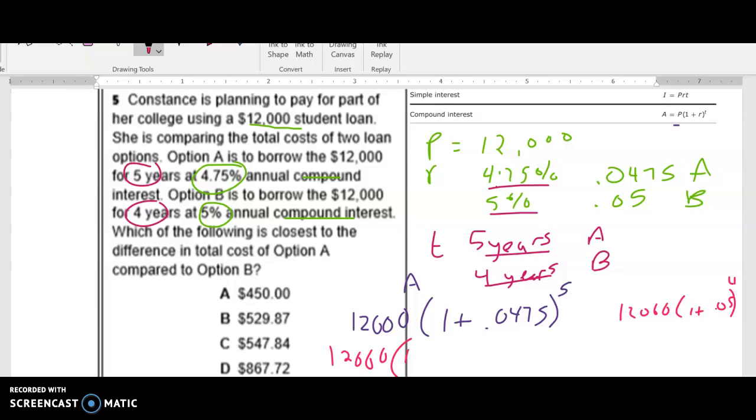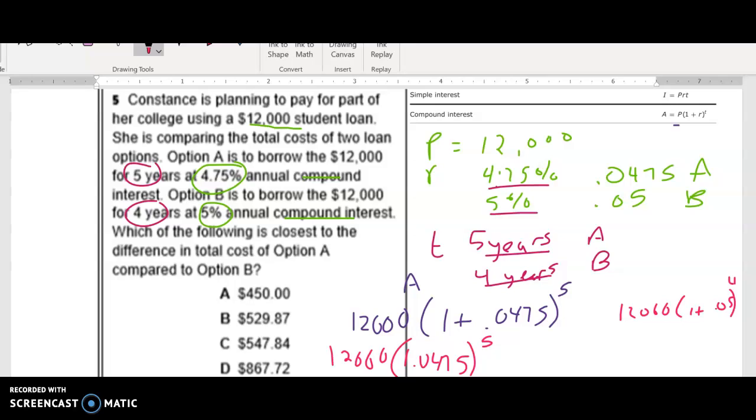And then when I do that, that is 12,000 times 1.0475, and you're going to write that 5 times, or if you have a calculator that can do that, it's 12,000 times that to the 5th.